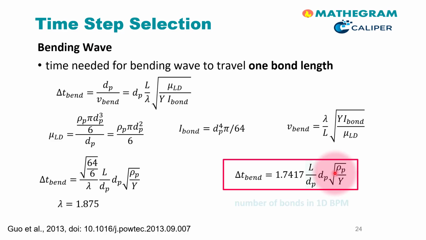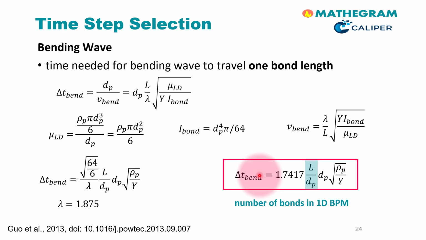Finally, we may observe that L over dp is nothing else as the number of bonds in our 1D BPM. Excellent! This allows us to calculate the time scale of the bending motion that we have to resolve with our integration scheme.